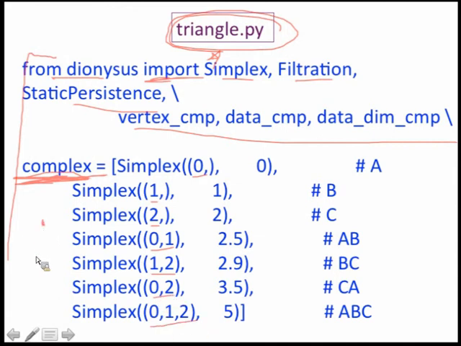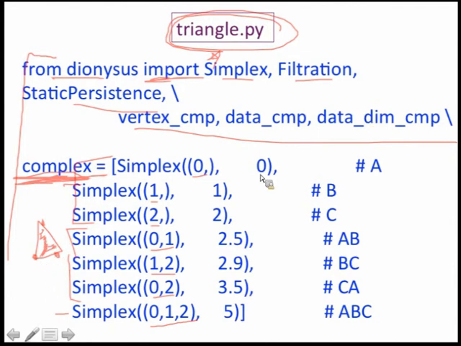That is why this thing is called a triangle, because we created 3 vertices, 3 edges, and 1 face, i.e. we created a triangle.